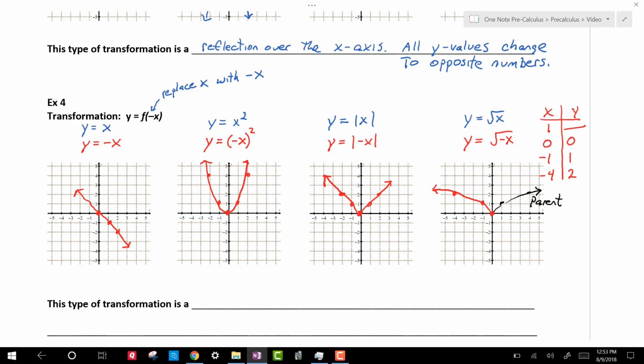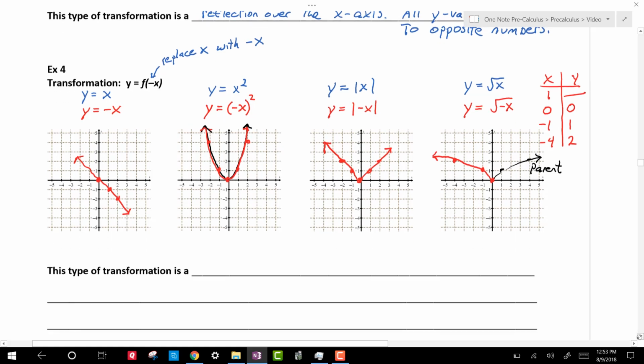Last time it was easier to see because the reflection was over the x-axis. This time it's reflecting over the y-axis. So if you think about it, if I take the right side of this parabola and I reflect it over the y-axis, it ends up laying on top of the left side of itself. Okay? So hopefully you can kind of see that in your head.